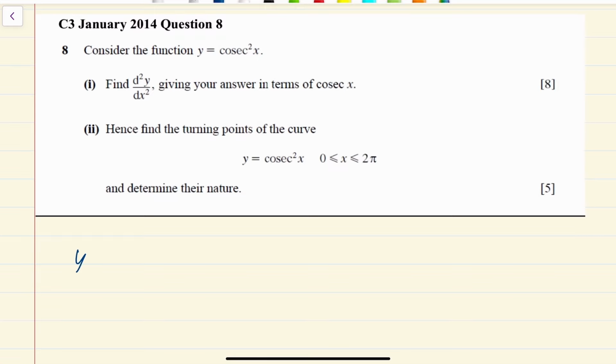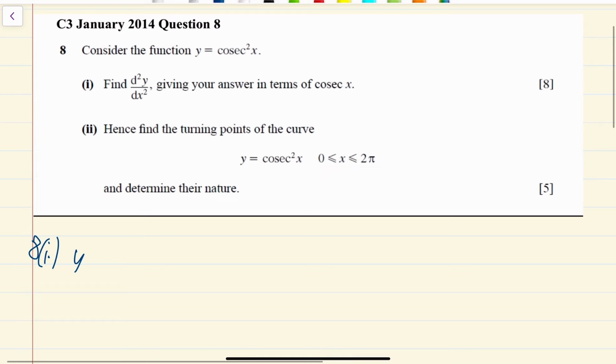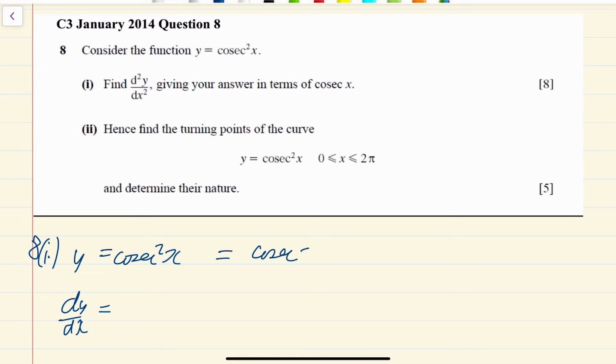So first of all, write down what you've got. This is our 8 part 1. y is equal to cosec squared x. If you differentiate that, let's write it as cosec x all squared. So we've got a function of a function.